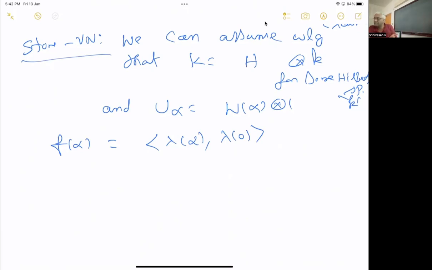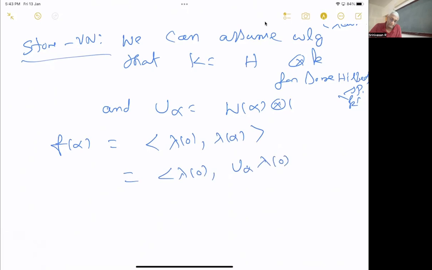This is the inner product between them, which is equal to lambda of 0, U alpha acting on lambda of 0. U alpha is just the shift, and in the inner product all those things vanish because it's 0 there. We define U alpha of lambda beta by something, and the beta is 0. So we get this.